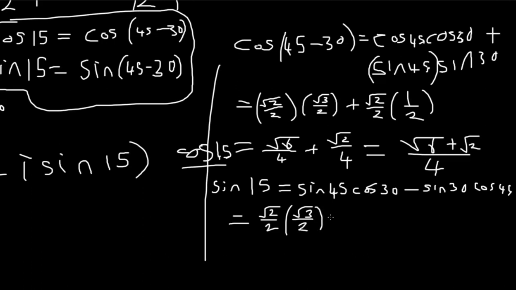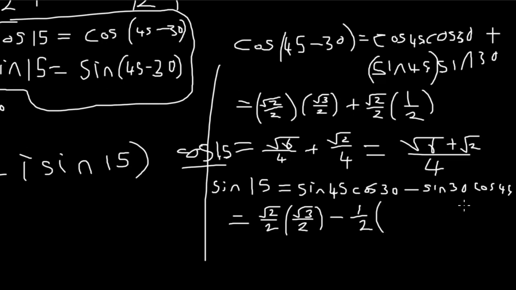Oh, it's not an equal sign, it's supposed to be minus. And then sine 30 is 1 over 2.